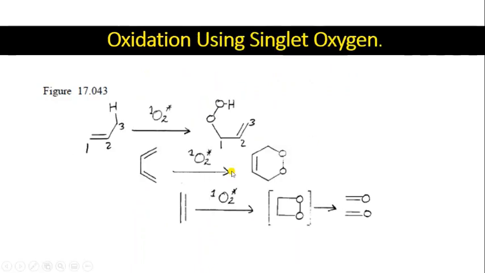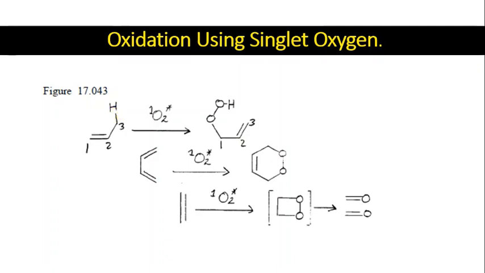So in the first reaction, you see that we have this double bond attached with a single bond, so single and double bonds are alternately attached with each other. On the double bond, you can see that there is one hydrogen, right? Two hydrogens, in fact, on the terminal double bond.